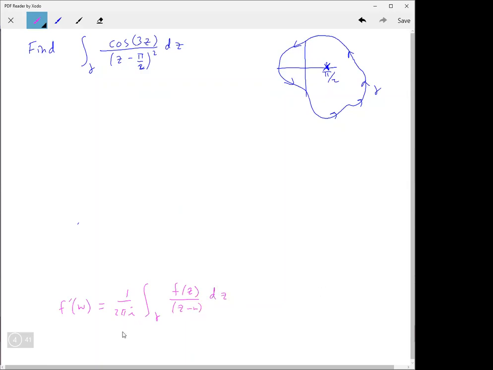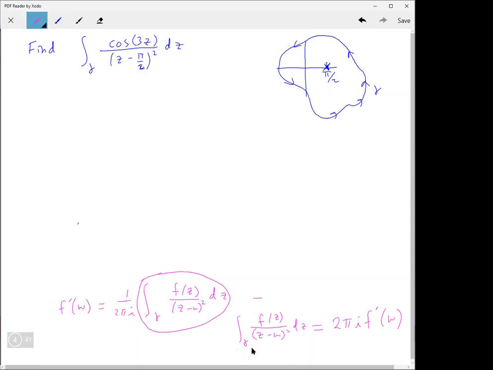Okay, so that means that if you solve for this piece right here, oh, this is squared, I'm sorry. Okay, what is it if you solve for this? 2 pi i times the derivative of f at w. Yeah, f of w, not z.